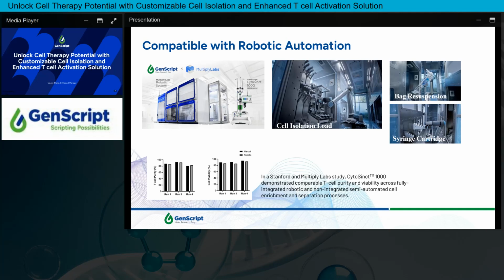With our collaboration, we're able to robotically automate the cell isolation step. And with the data, as you can see at the bottom, in the Stanford and Multiply Lab joint study, we're able to showcase that the instrument demonstrated comparable T-cell purity and viability across the fully integrated robotic and the semi-automated process.